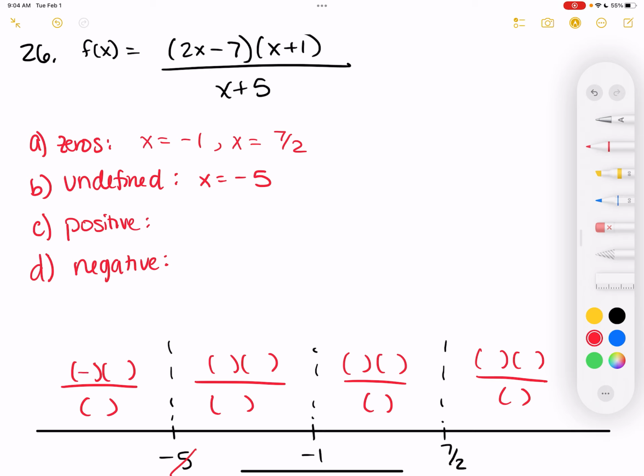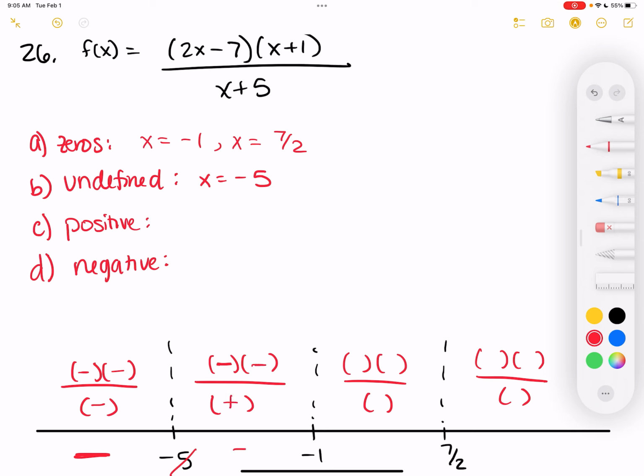So what happens when you do that? Negative. Okay, so what does that result in? Negative. Next one, -2. So what happens with that? Negative.